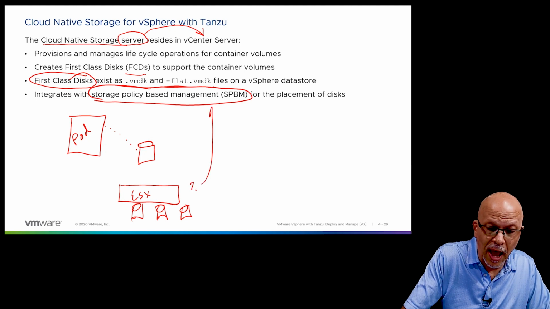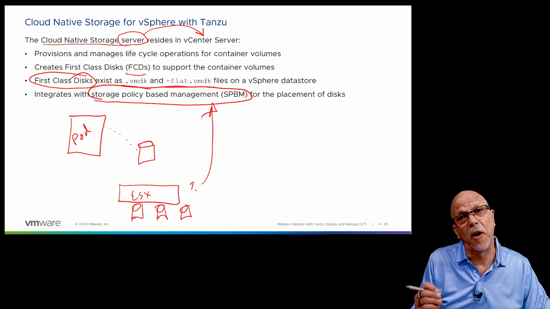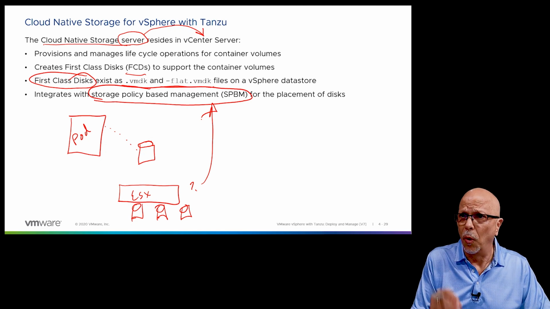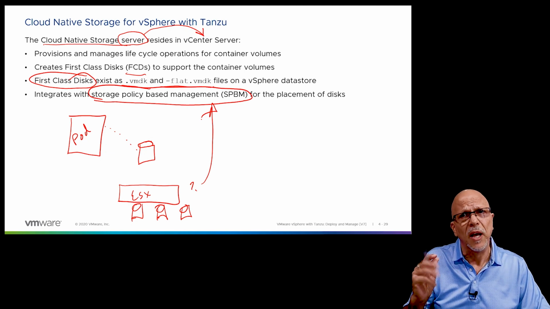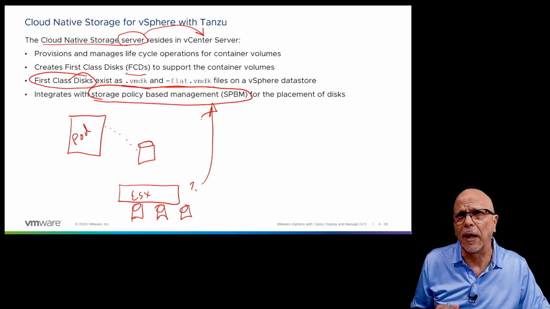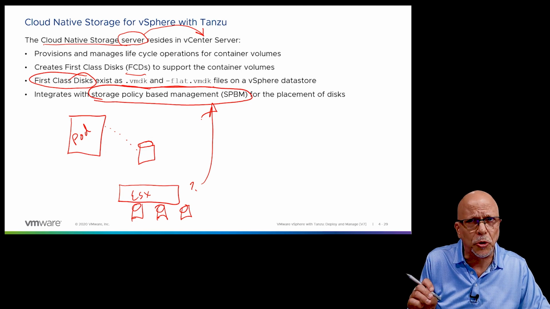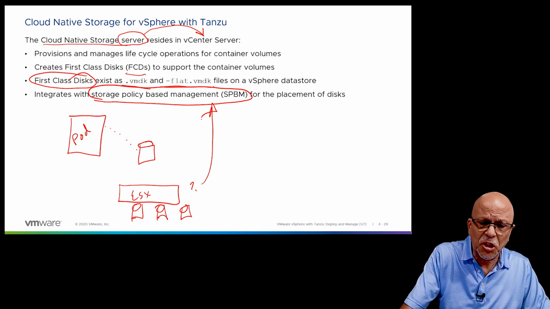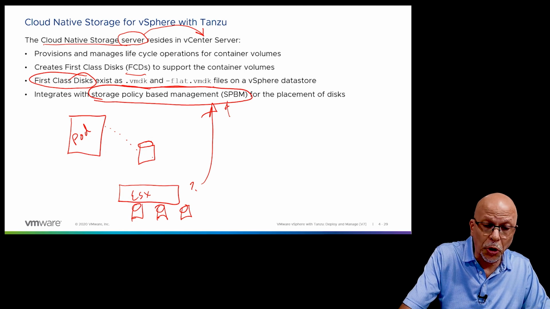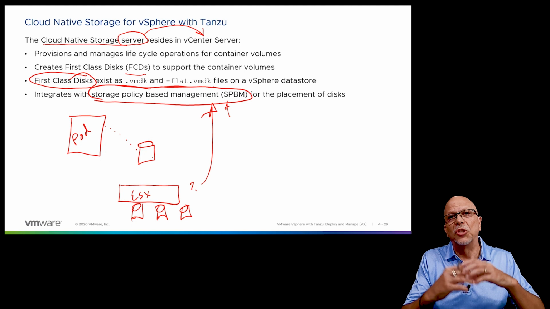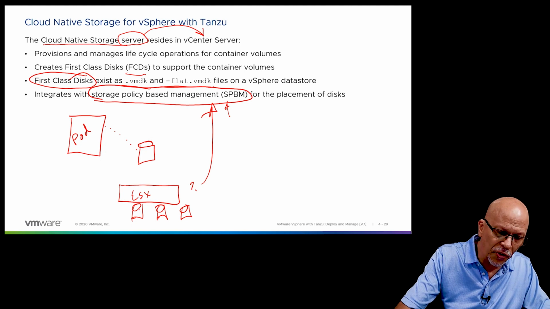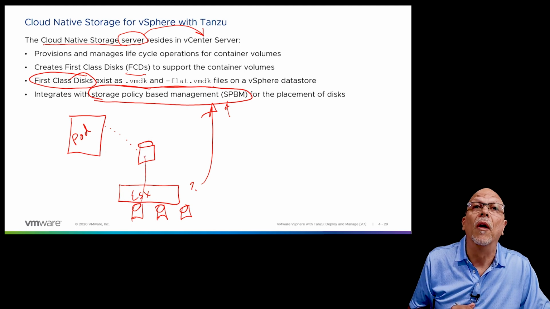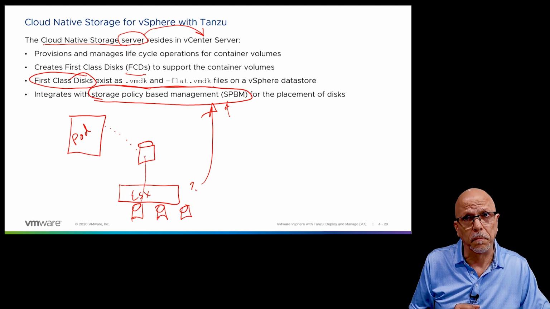And using our SPBM that we're defining on our namespace. So remember in the previous module, when you created your namespace, there was that second to the last item in the upper right-hand corner where we were doing our storage. It's this storage policy that we're choosing that's going to determine via the CNS system and the SPBM which one of these data stores the first class disk will be stored on.